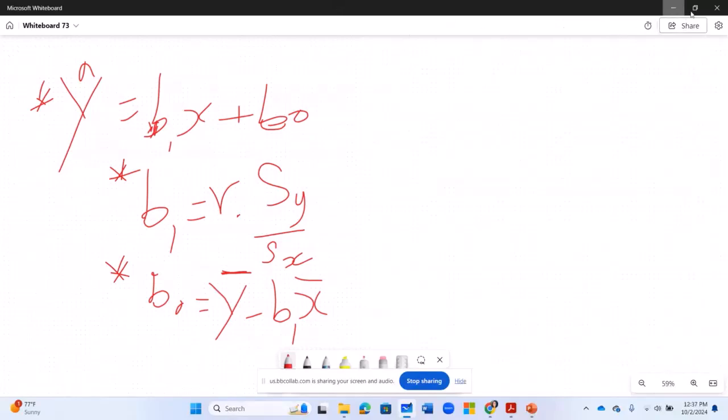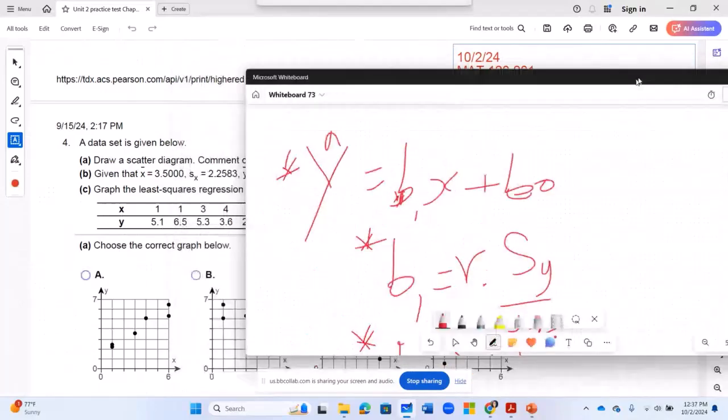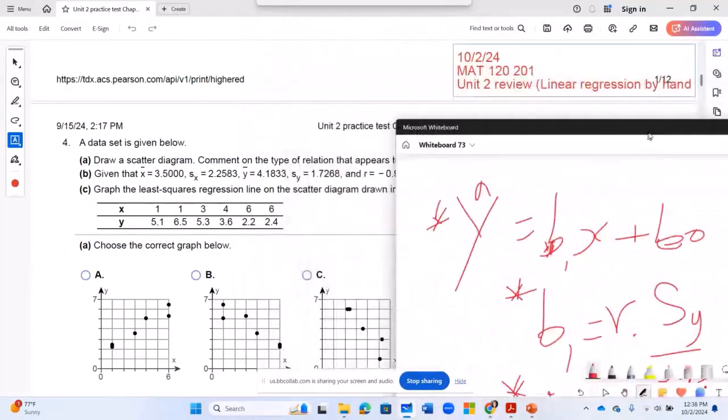So what are we given? We are given x bar. We are given s of x. Let me actually get a picture of that question. We are trying to answer part B of the question.